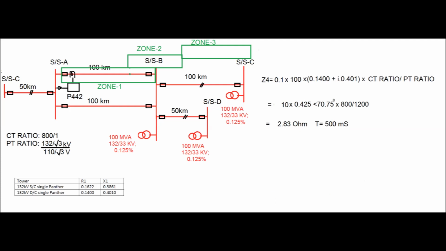Now come to the zone 4 setting. Zone 4 is 10% of the longest line for a line segment and 20% of the shortest line of the line segment. If line length is more than 100 km, then it is set as 10% of the line segment.